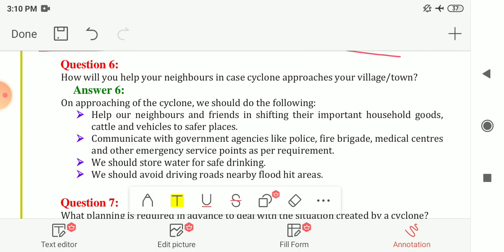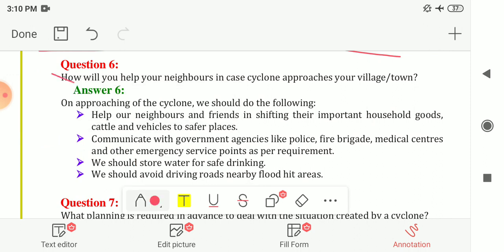Next, question number 6. How will you help your neighbors in case a cyclone approaches your village or town? On the approach of a cyclone, we should do these things. First, help our neighbors and friends in shifting their important household goods, cattle and vehicles to a safer place.